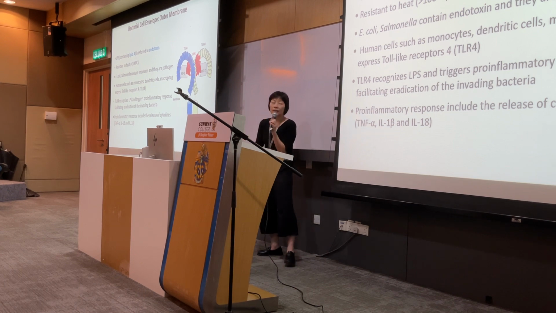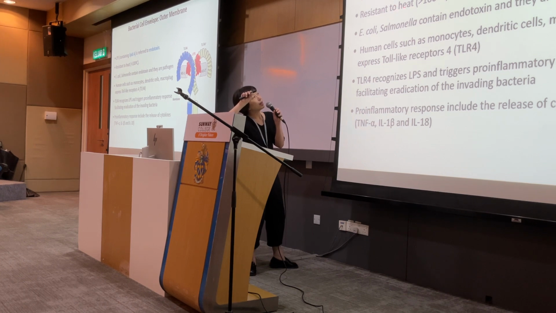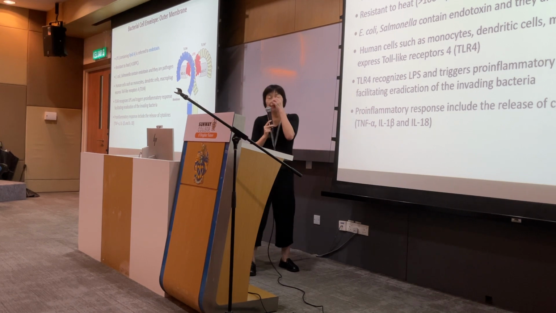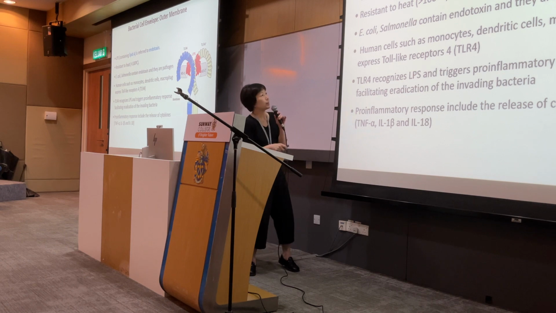It's called endotoxin because it's part of the structure of the outer membrane. Normally, for some gram-negative bacteria, you heat them up as high as 100 degrees Celsius, but sometimes the LPS is still not easily destroyed, and it also creates fever in humans when we ingest food containing the LPS.